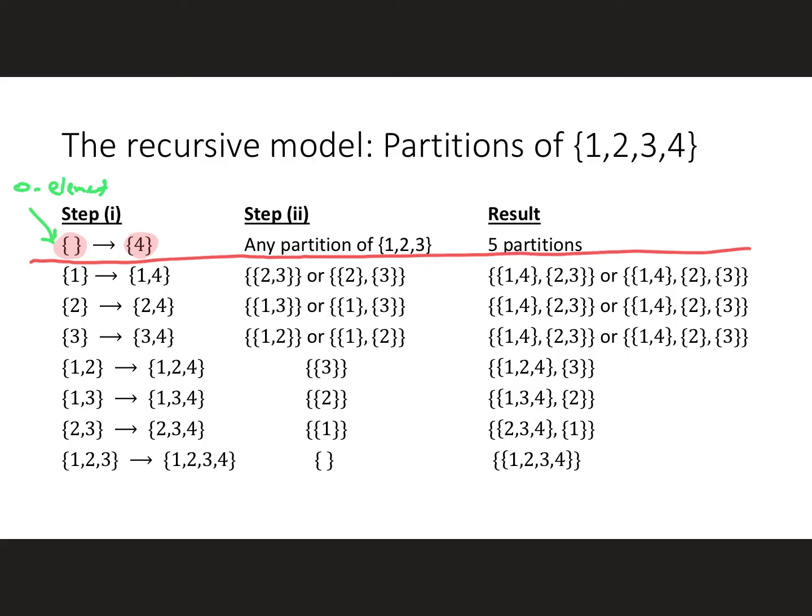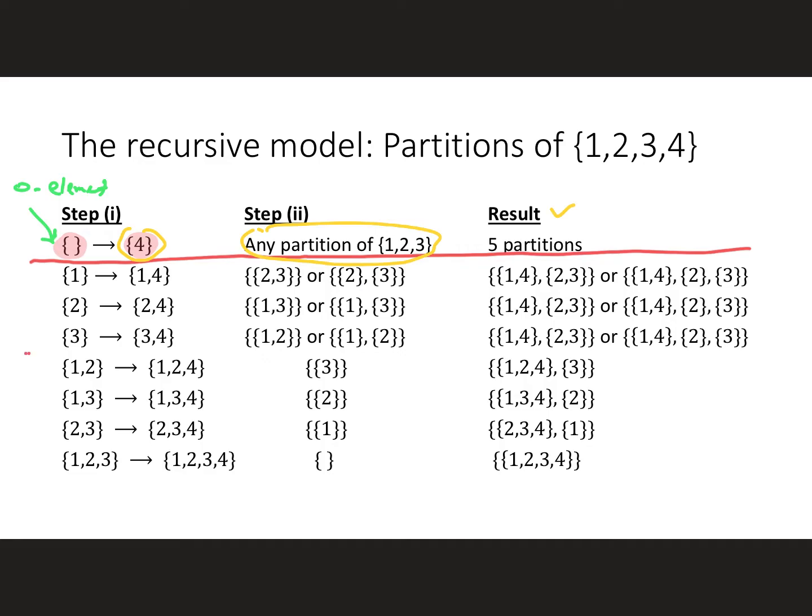Here I didn't list all the partitions I could have in step two because there were 5 of them and it took up too much space, but they're the 5 that I just listed on the previous slide. And so I would add the singleton set 4 to any partition of 1, 2, 3, and that's going to give me partitions of 1, 2, 3, 4. And in all of those partitions of 1, 2, 3, 4, the 4 will be by itself.